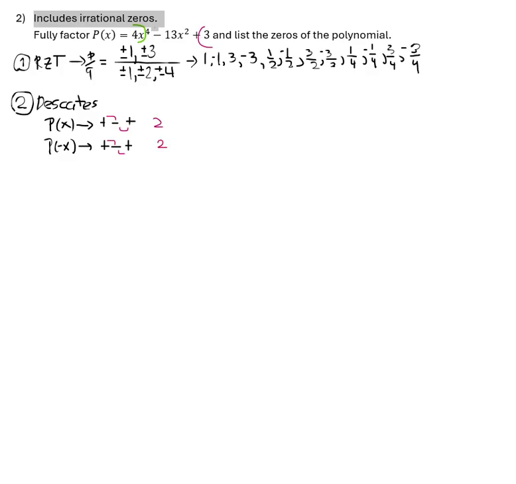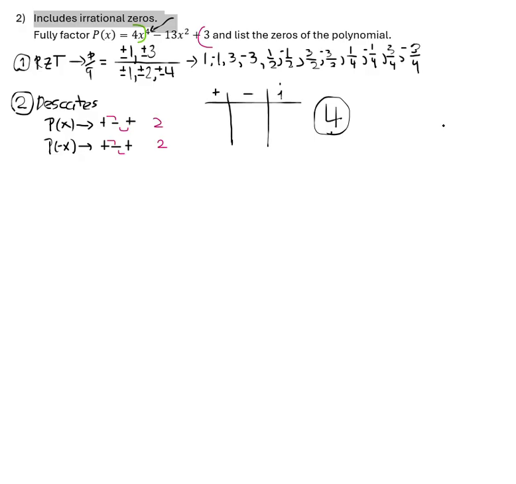So there's 2. If you like the Descartes chart, we will take our positive solutions and our negative solutions, and we will also consider imaginary numbers, knowing that our total solutions for this polynomial should be 4, because that is our degree in our polynomial there.